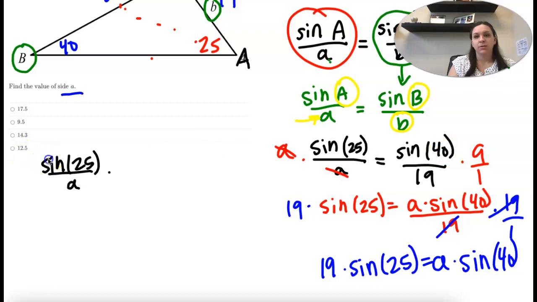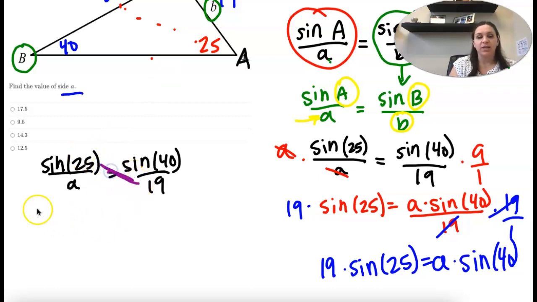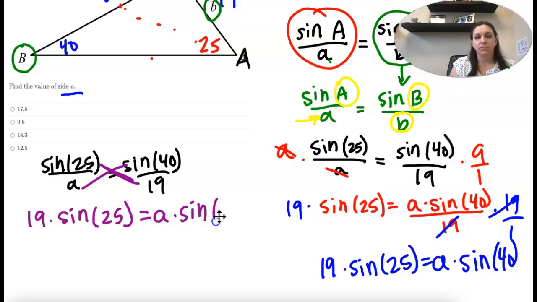So if I go back here, sine of 25 over a equals sine of 40 over 19. So right here, the shortcut to that is what we call cross multiply. So I would take the diagonals and multiply them with an equal sign between. And that gets me back here. So if you want to avoid the 2 steps, this is just a 1 step to get to where we are.